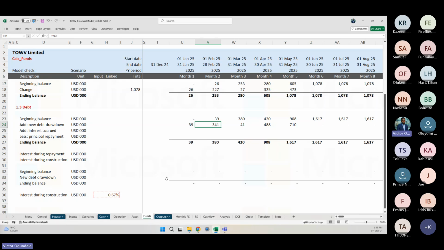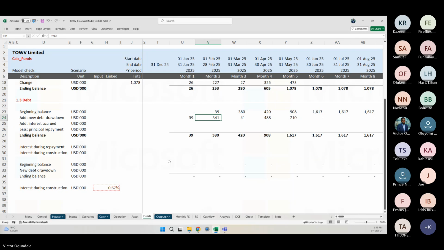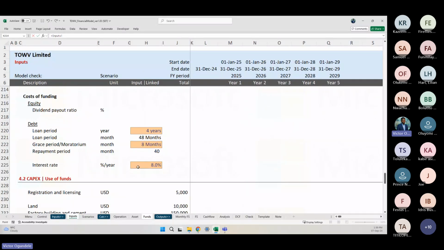All right. You've linked that. Okay, so now let's calculate our interest during repayment. So let's also link that to our interest rate.